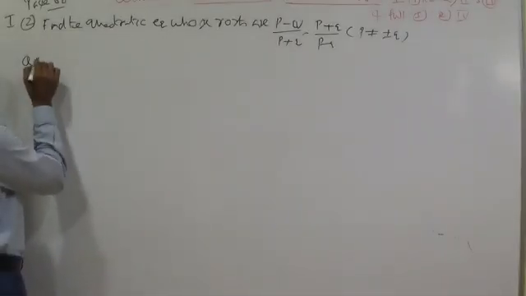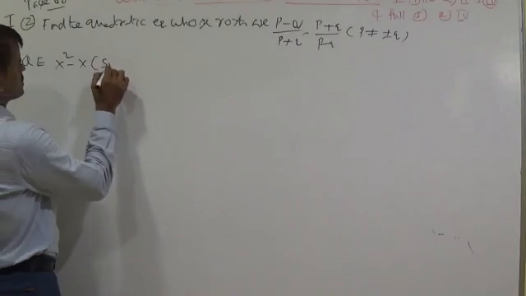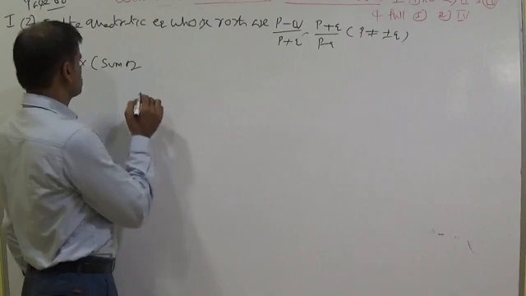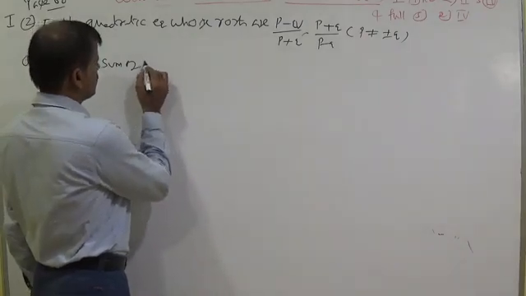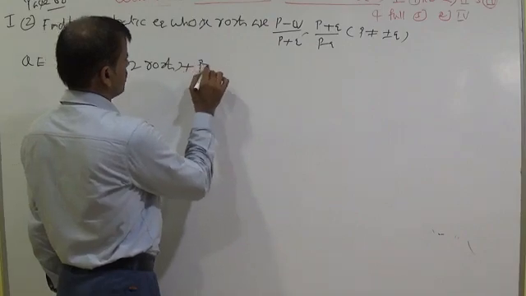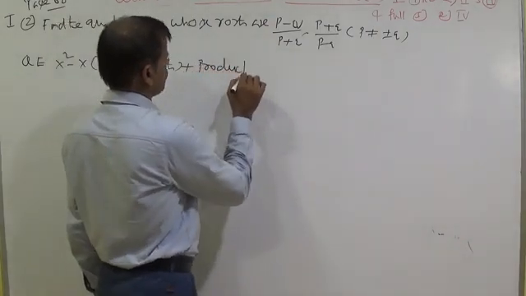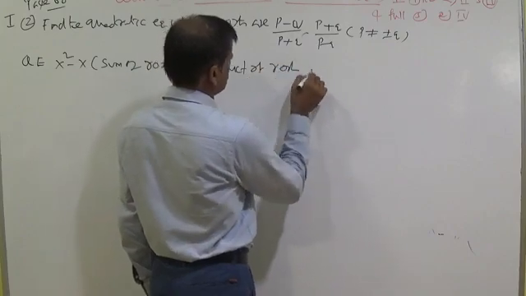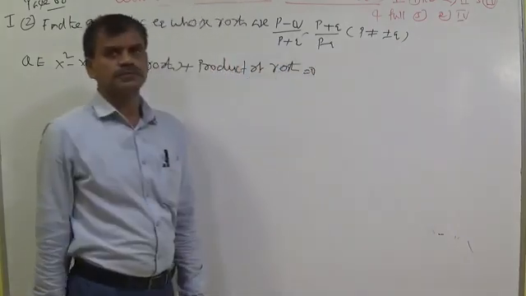QE formula. The formation of a QE we have discussed. The formula is x square minus x into sum of roots plus product of roots equal to 0.